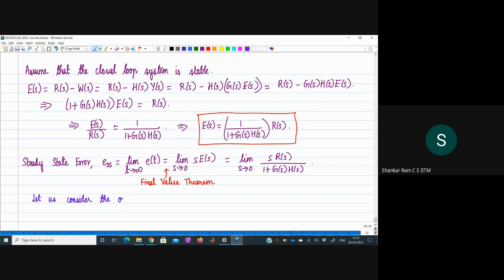the open loop transfer function to be of the form.